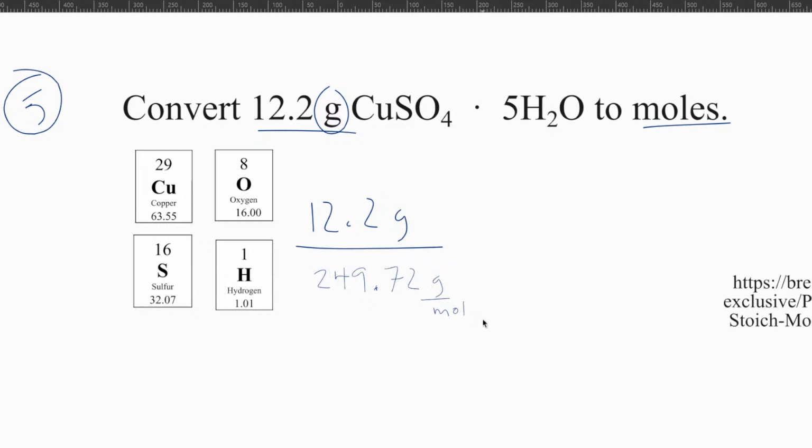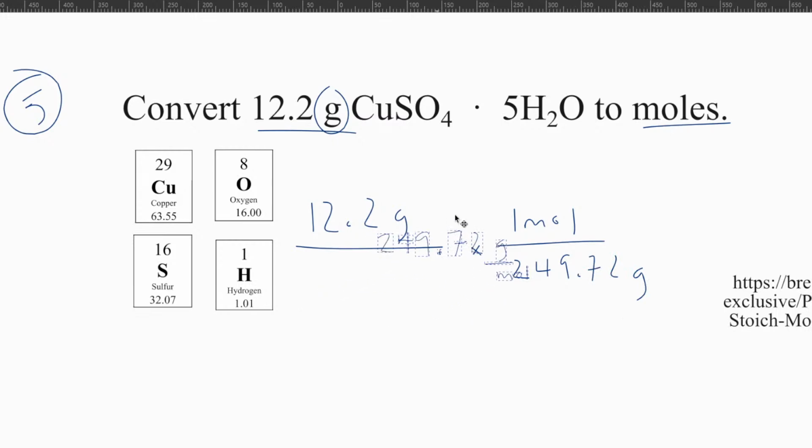So see if I can do this. I want to multiply this by 1 mole. That's our mole here. I know that 1 mole is 249.72 grams, because that's the molar mass.